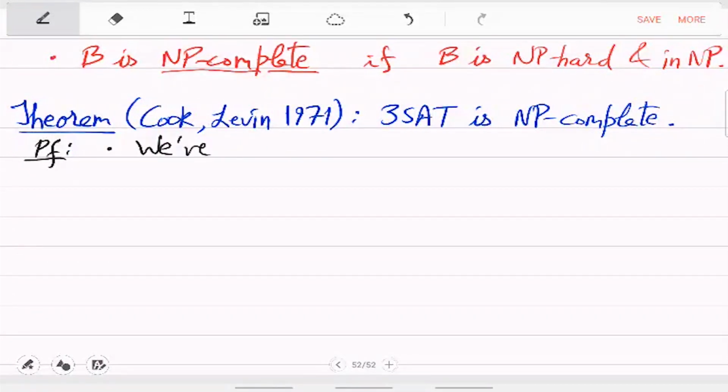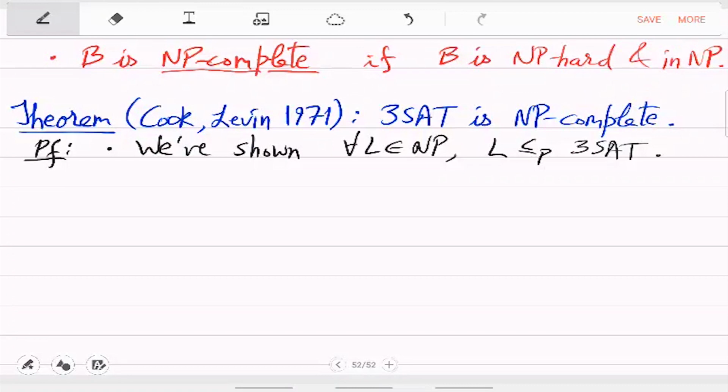So we have shown that for every language L in NP, L polytime Karp reduces to 3 SAT. And also 3 SAT itself is in NP. Right? There is no doubt because again this 3 SAT is just a formula. So when given an assignment you can verify it trivially. There is a verifier. So 3 SAT is both in NP and it is NP hard. So it's bound to be NP complete.